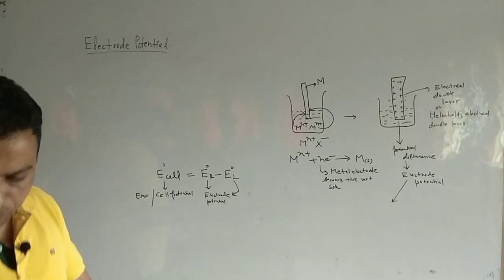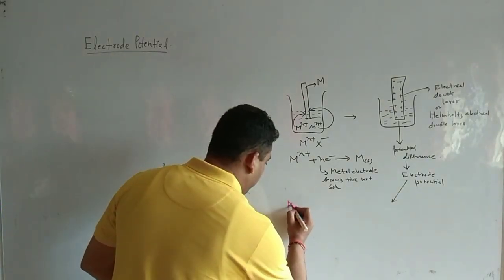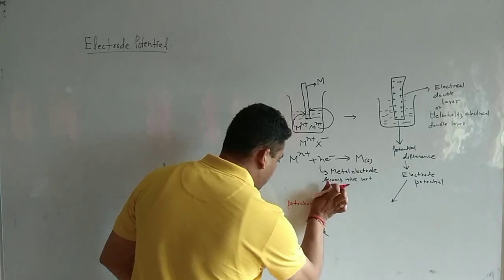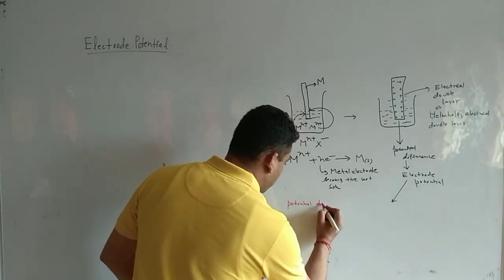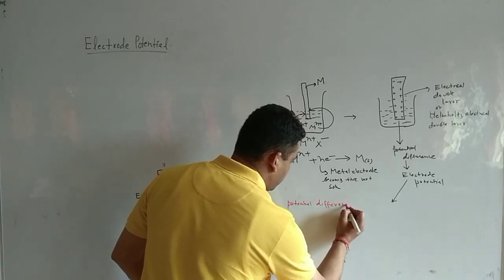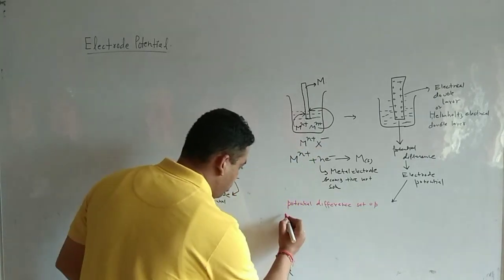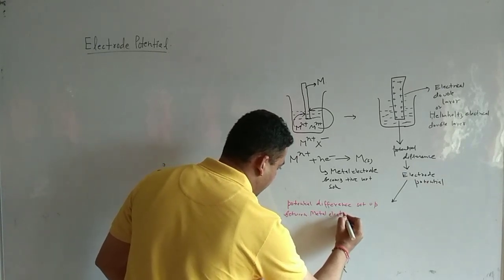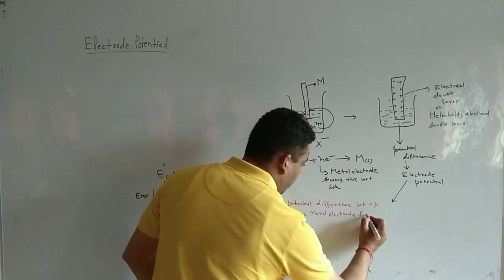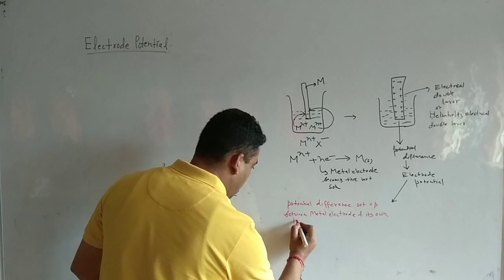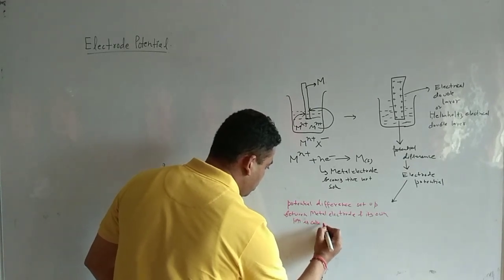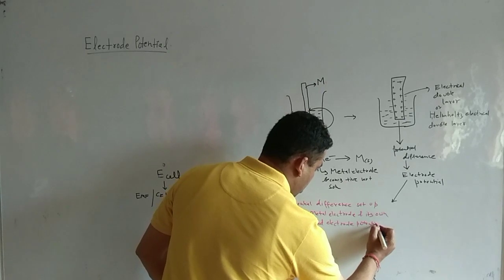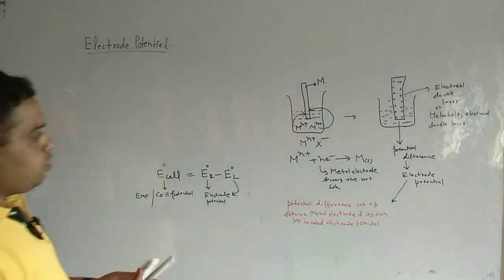The potential difference set up between a metal electrode and its own ion is called electrode potential, right?